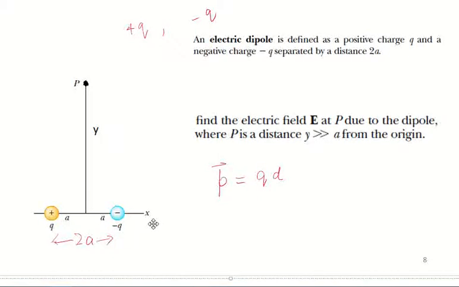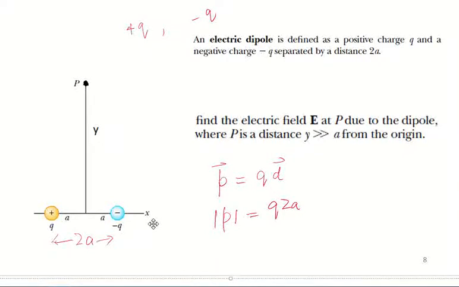Now if we want to determine the magnitude of this particular dipole given in this figure, we write p magnitude is equal to q times 2a.